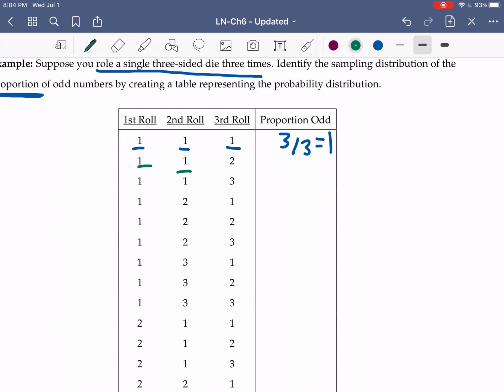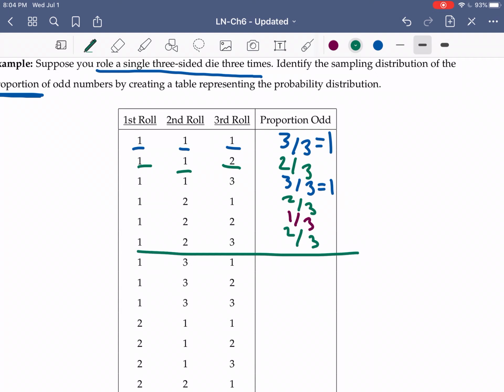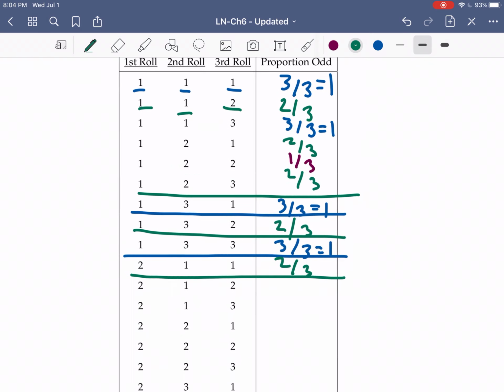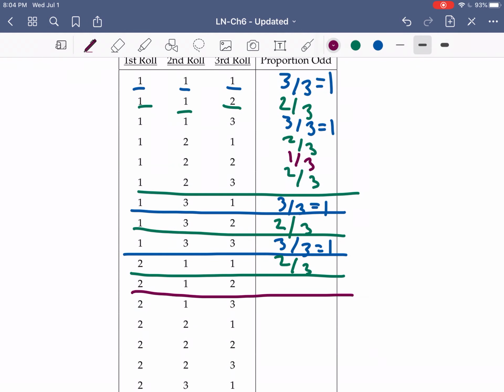On the next one, we get an odd number 2 out of the 3 times, and then 3 out of 3, and then 2 out of 3, and then 1 out of 3, and then 2 out of 3, and then 3 out of 3. 2 out of 3. 3 out of the 3 times. 2 out of 3. 1 out of the 3.